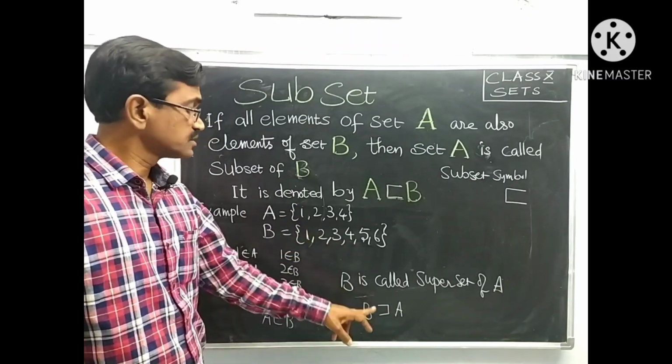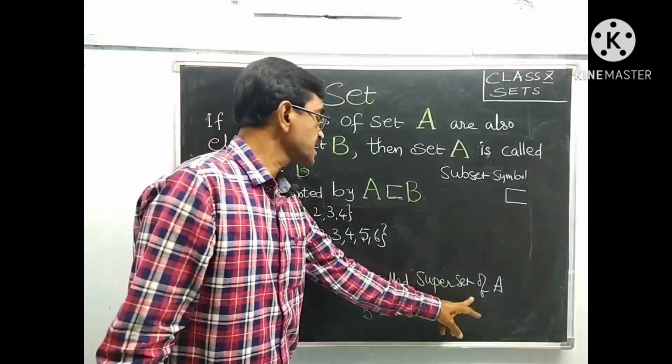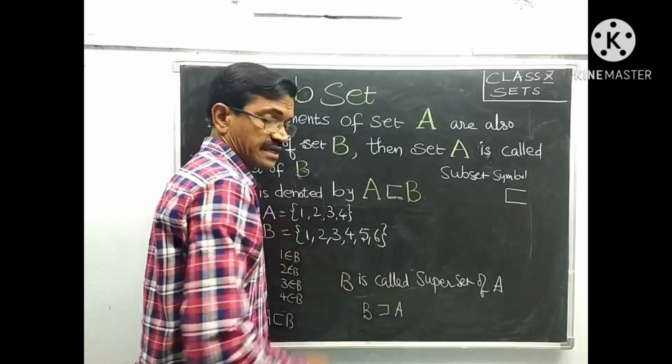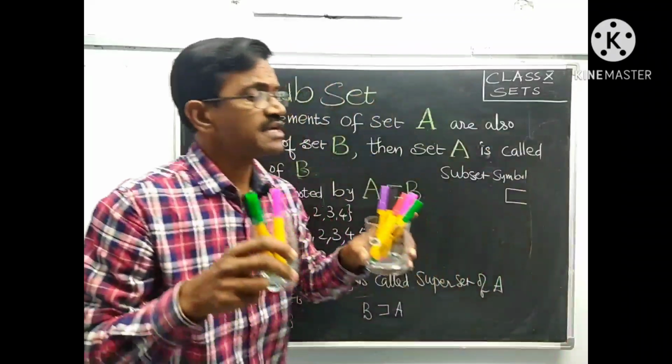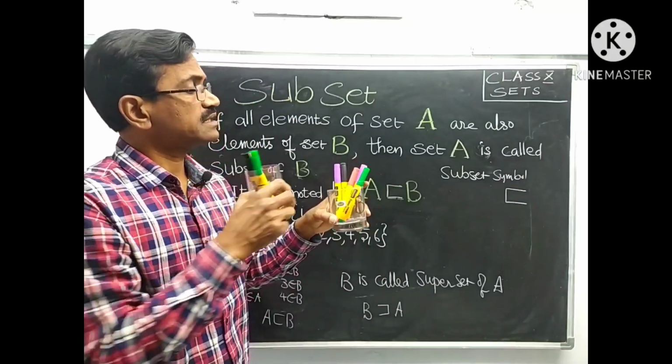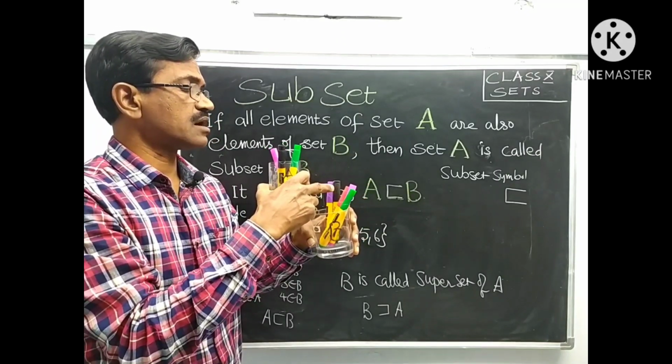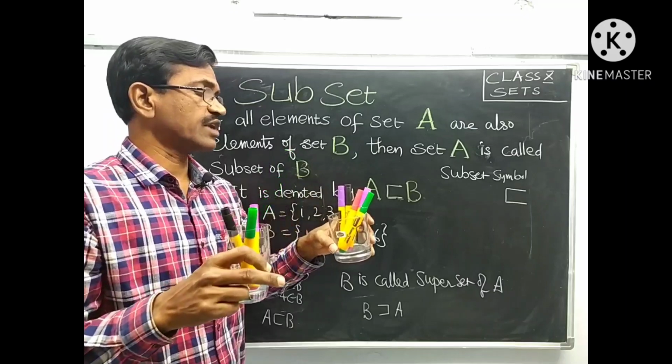B is called superset. Superset means B contains all the elements of A. Here I take this one. There are 5 colors in the B set: green, pink, red, black and violet.